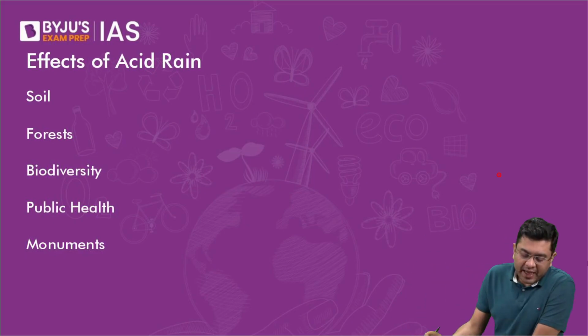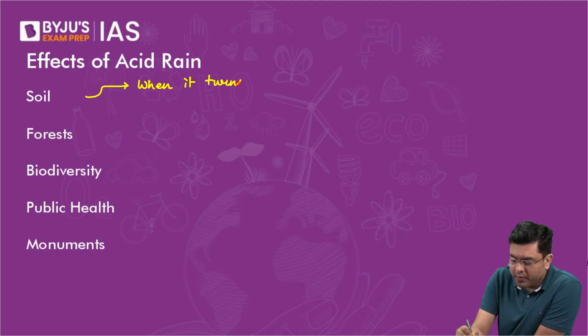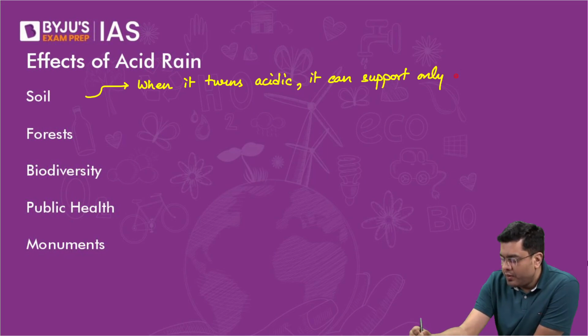So when the soil turns acidic, it can support only a few types of plants.